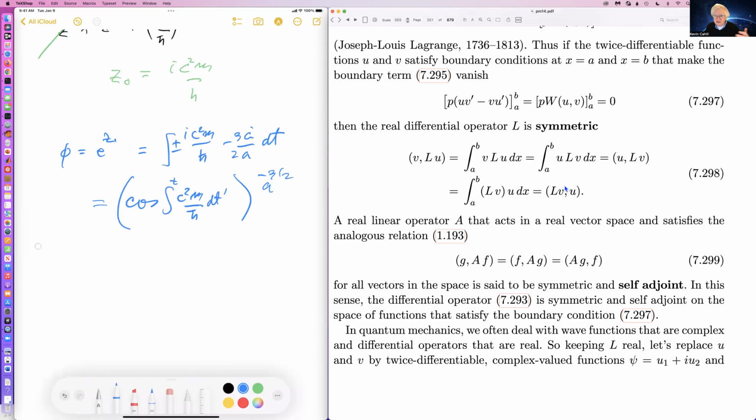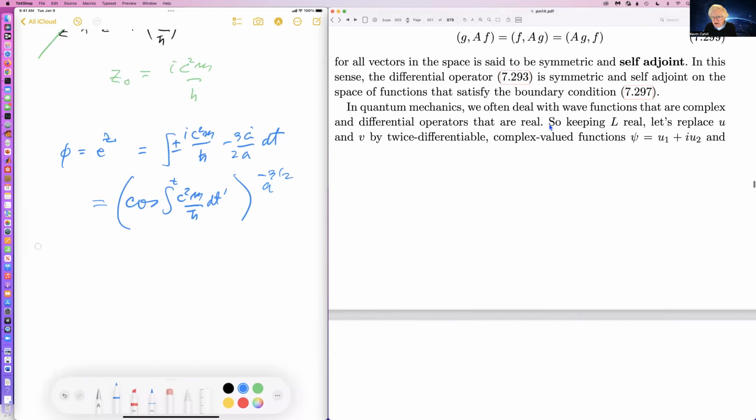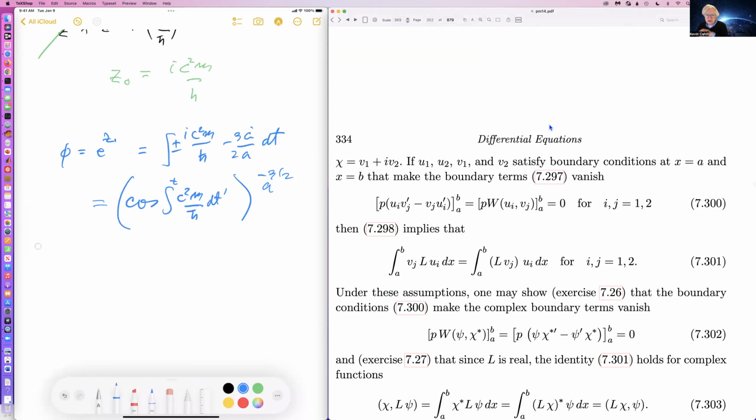And since everything's real, this is also LVU. So we're talking everything real here. So what we say is that a real linear operator A that acts in a real vector space and satisfies a relation like this, for all vectors in the space, is said to be symmetric or self-adjoint. And so what we say here is that L is symmetric or self-adjoint on the space of functions that satisfy this boundary condition. In quantum mechanics, of course, we normally talk about things that are complex.